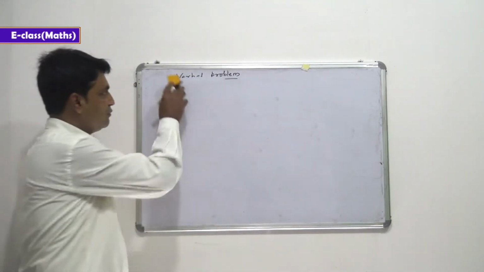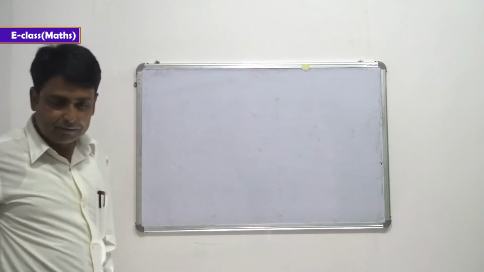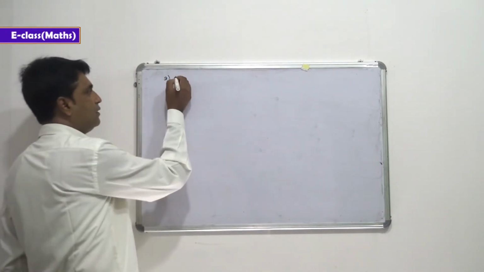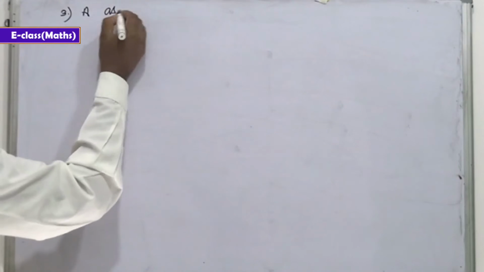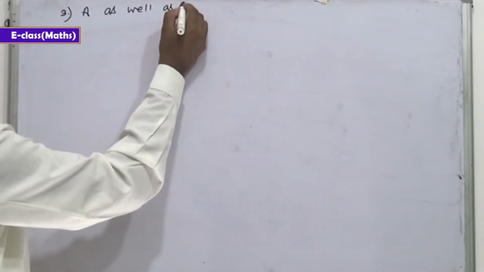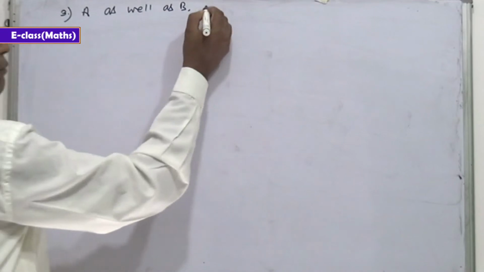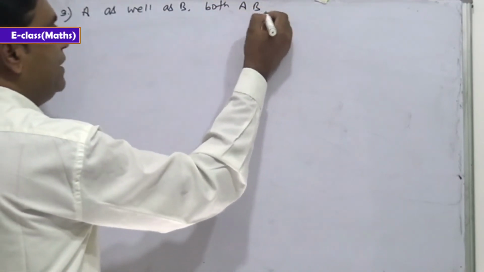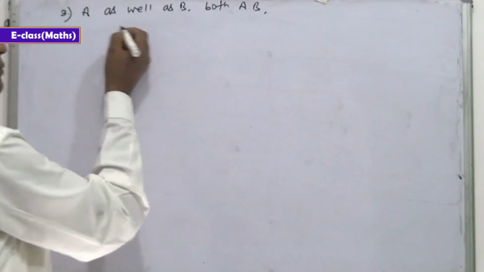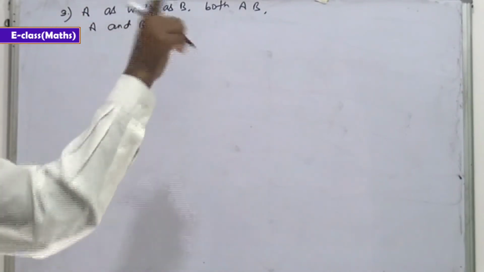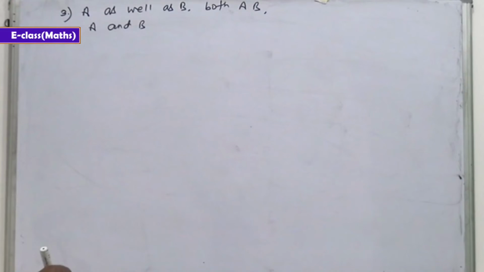Next topic that we have to discuss about now, the third one, A as well as B. Written there, both A, B and AB pani, यसरी पनि, A and B presented in both the sets.